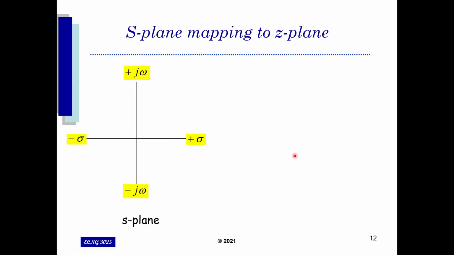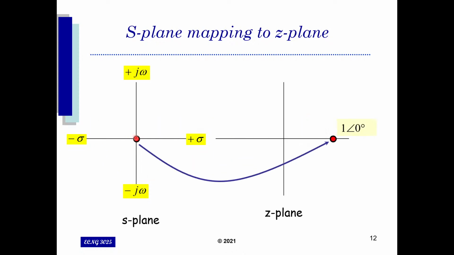So in mapping our infinite number of poles from the s-plane onto the z-plane, if we had a pole directly at the center, this maps to a phasor with magnitude 1 and angle 0 degrees in the z-plane.